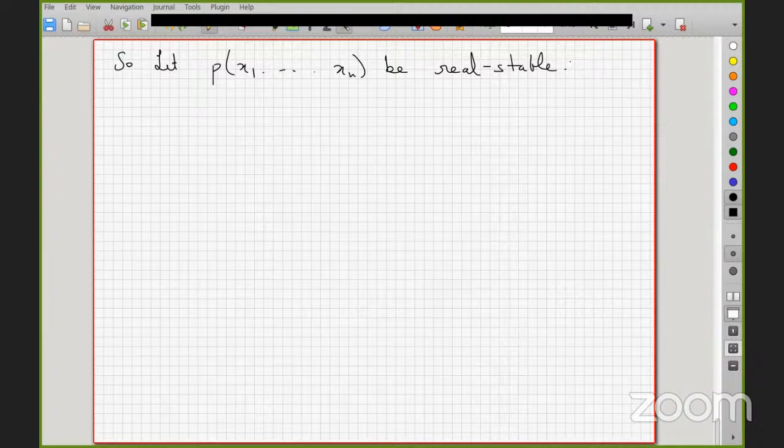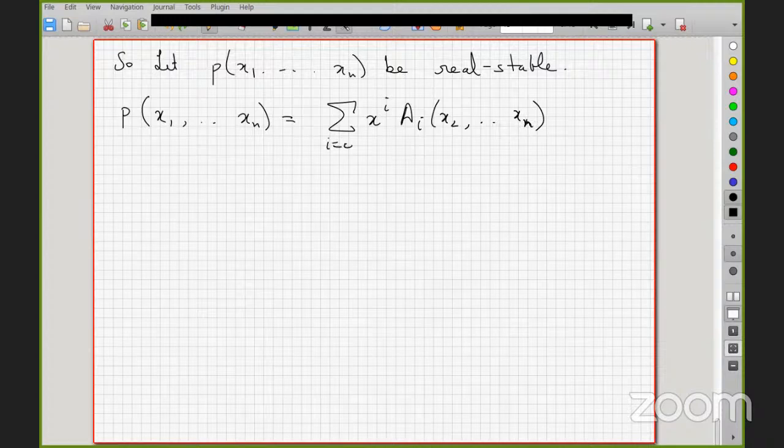Let p(x1, ..., xn) be real stable, and let me expand it in degrees of x1: the summation of a_i(x2, ..., xn) x1 to the i, where i goes from 0 to t. What is this a_i?